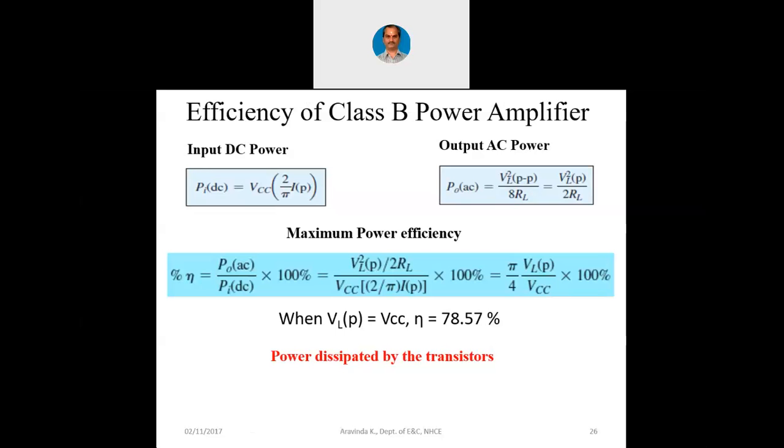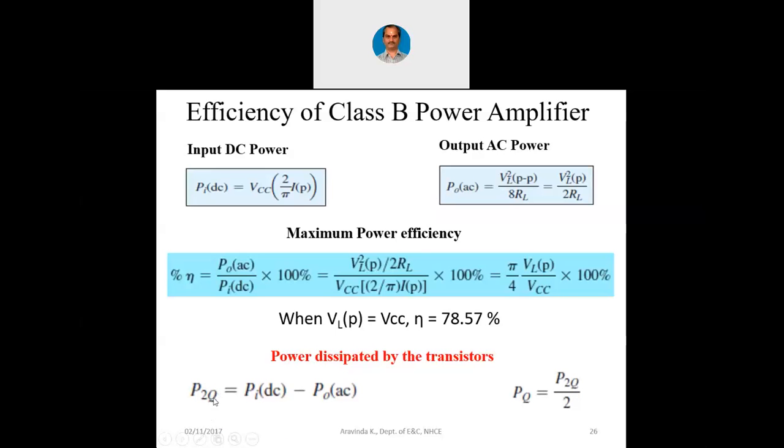Now to compute the power dissipated by the transistors, each transistor. Now both the transistors are not on. When one is on, the other is off. So if you have to calculate the power dissipated by each transistor, P2Q is PiDC minus PoAC, because now the power is shared by two transistors.